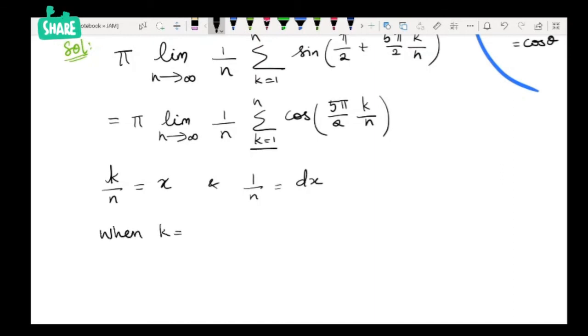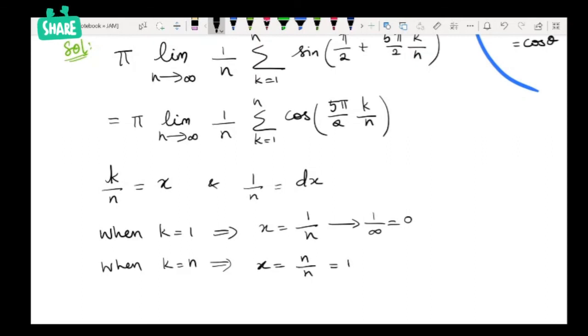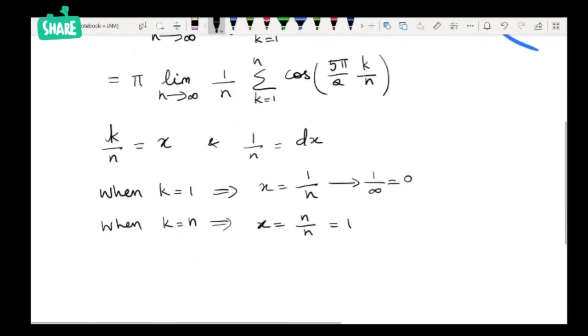When k equal to 1 and k equal to n, let's find the limit of x. When k equal to 1, x will be 1 by n, and as limit n tends to infinity, this will be 0. When k equal to n, x will be n by n, which is 1. So the limits of the integral is 0 to 1.